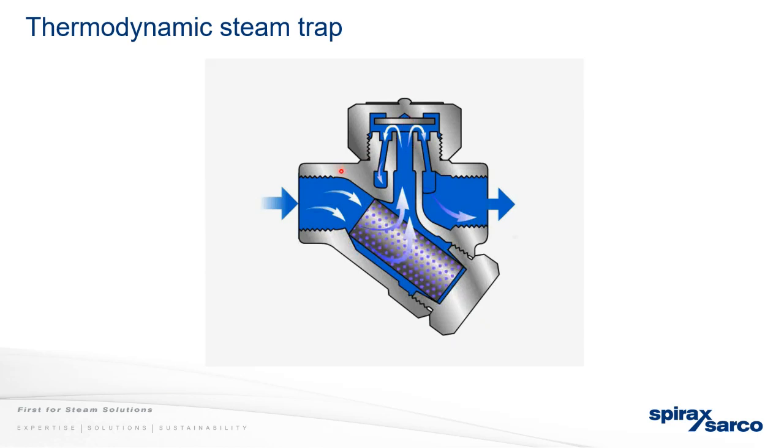When you have water, you don't have that difference in pressure, so it lifts and allows the bleed of condensate. So the incoming pressure raises the disc, and condensate discharges from the inner ring under the disc and out through, depending on the version, 2 or 3 orifices. And hot condensate then flows, and like we were saying, you get the drop in pressure, which closes the trap.